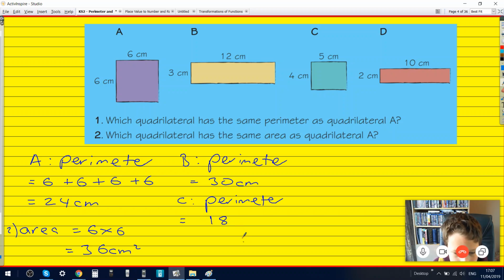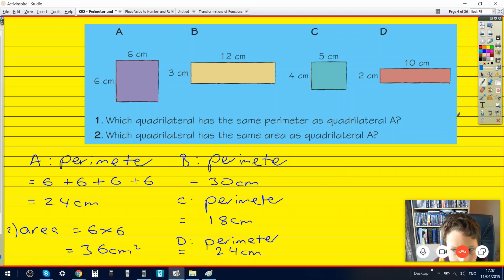And for D, it's 10 plus 10 plus 2 plus 2. Double 10 is 20 and double 2 is 4, so 20 plus 4 is 24. So which one has the same perimeter as quadrilateral A? D does. Well done.